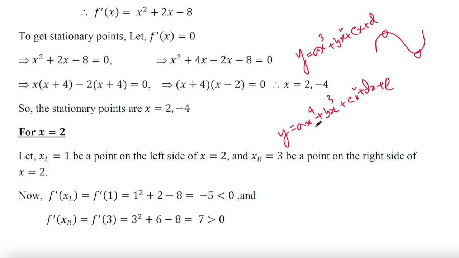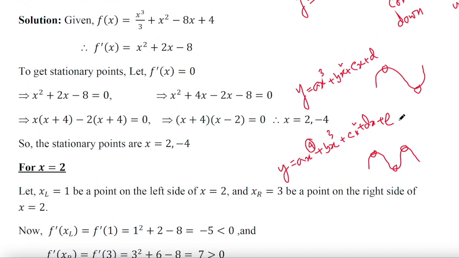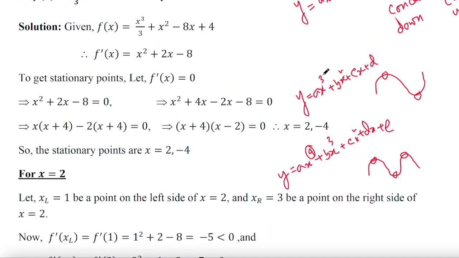The graph of this fourth degree equation will be like this. How many peaks should there be? 3 peaks. 1, 2, 3. So the number of peaks depends on the degree of the function. If the function is of fourth degree, then there are 3 peaks. If it is third degree, then there are 2 peaks.